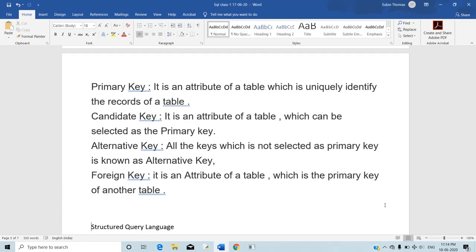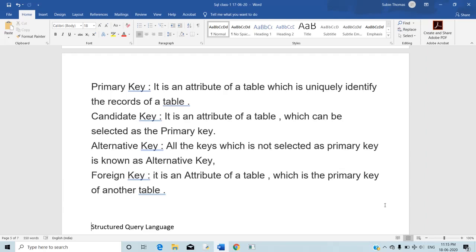In the employee table, every employee will get a separate employee code. Their identity depends on that employee number. Using that employee number, you can identify each employee in that table.